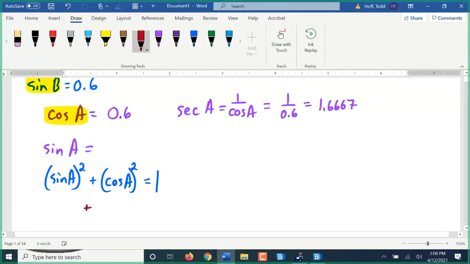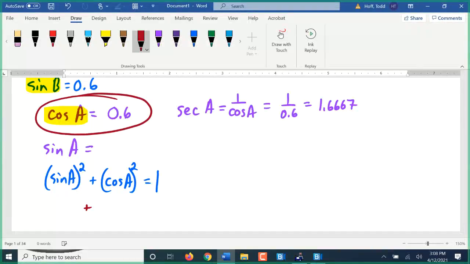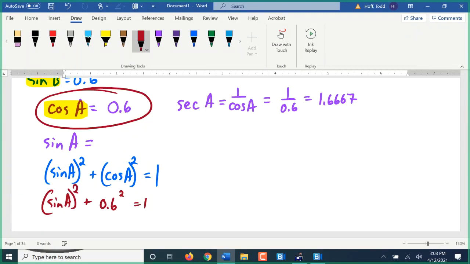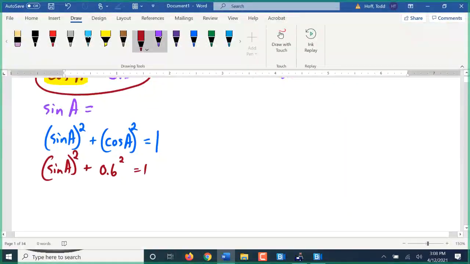And I know that cosine of A is 0.6. So for the cosine of A, 0.6 squared is 0.36.